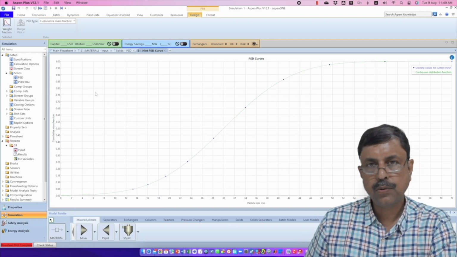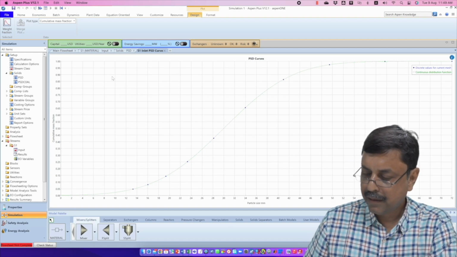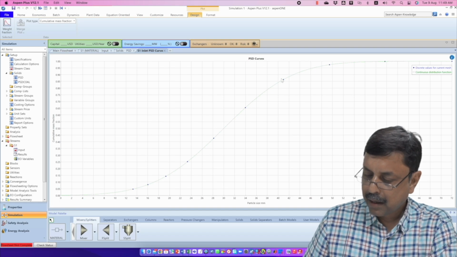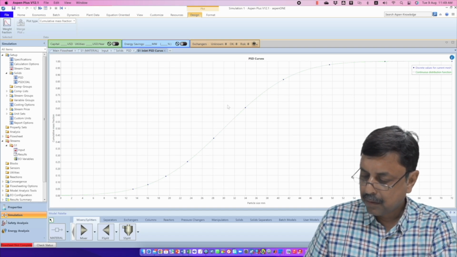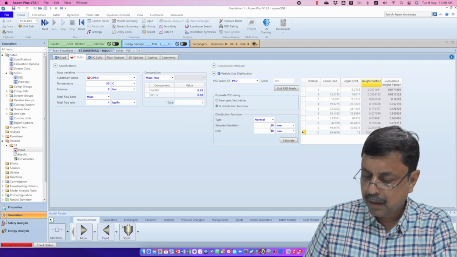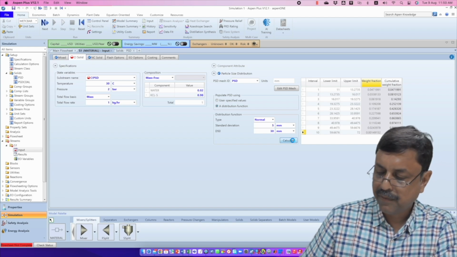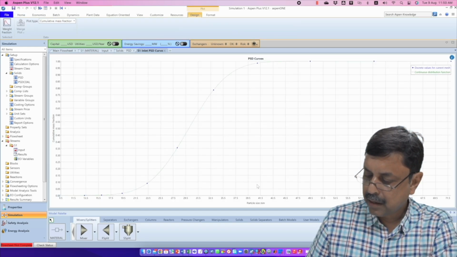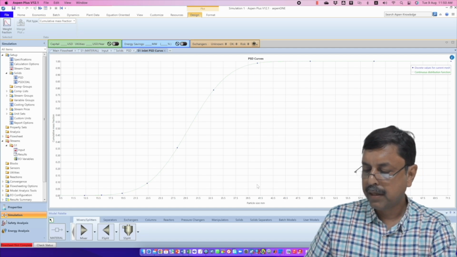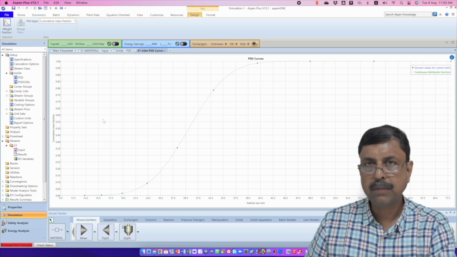Now, if you want to decrease the standard deviation a bit, this curve will be a bit steeper. If instead of 10 millimeter you choose, say, 5 millimeter standard deviation, then obviously the curve will be a little bit steeper.